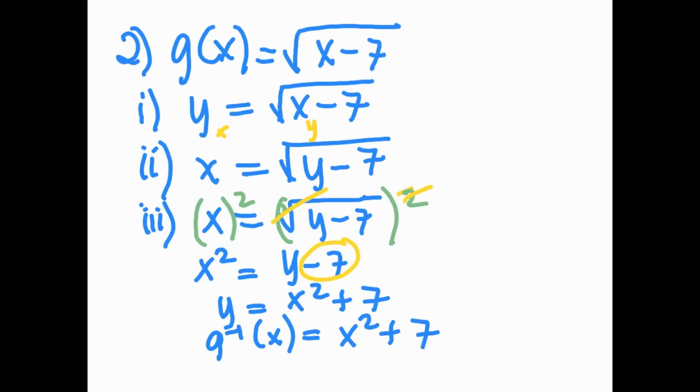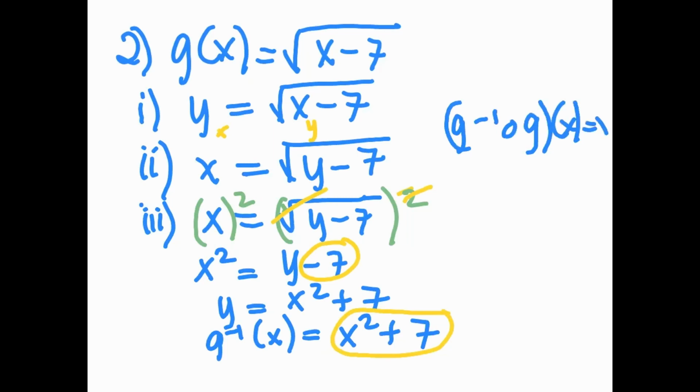Now, to verify the two conditions in the fourth step, to make sure that indeed this is the correct expression for g inverse, we'll again show that g inverse of g of x must be equal to x, and g of g inverse of x must also be equal to the variable x.